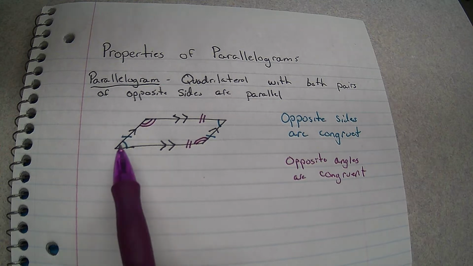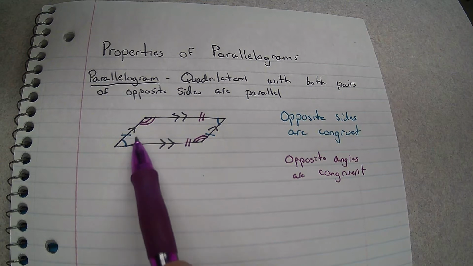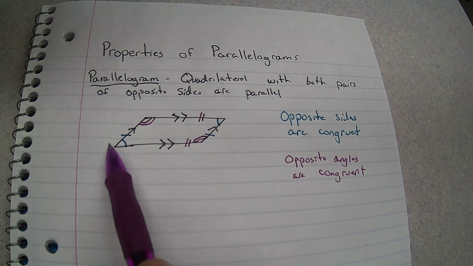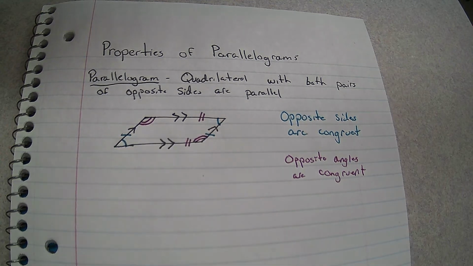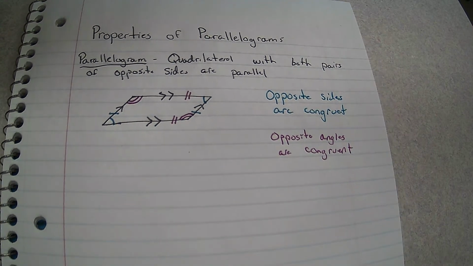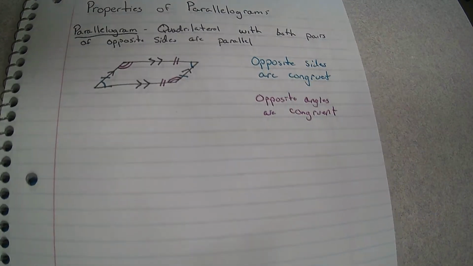Lot going on here. Opposite sides are parallel. Opposite sides are congruent. Opposite angles are congruent as well. That gives us a lot of information in solving a lot of problems that go along with parallelograms.